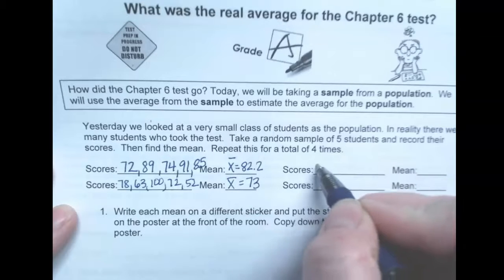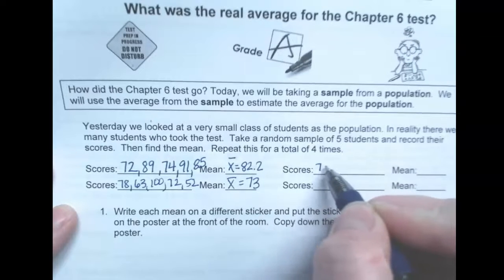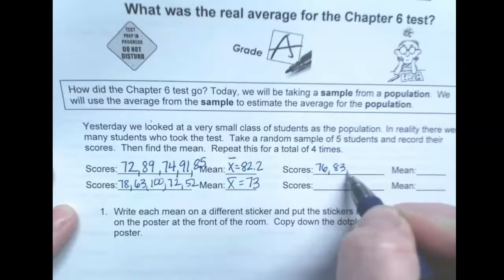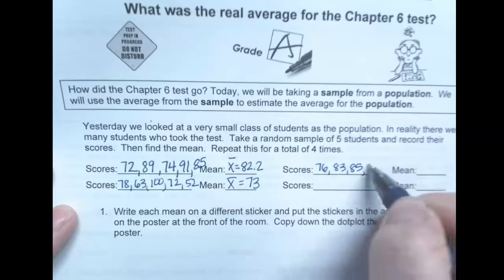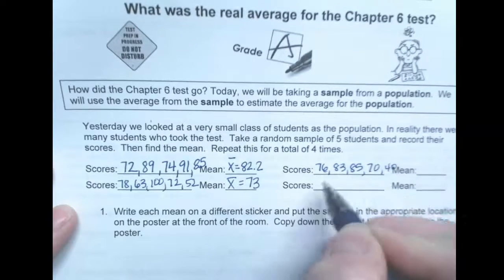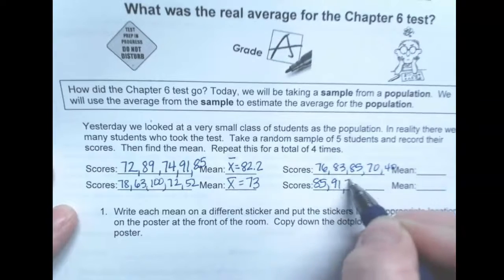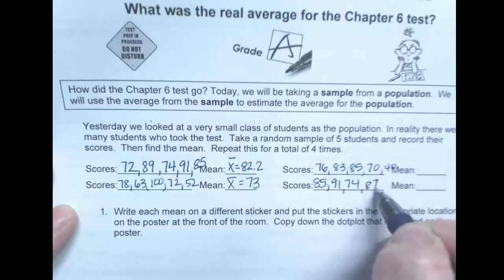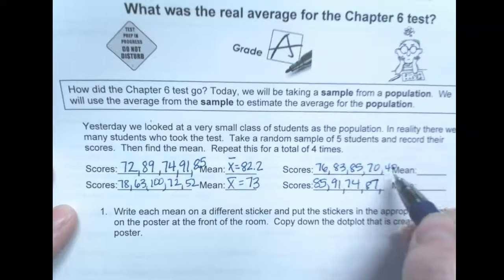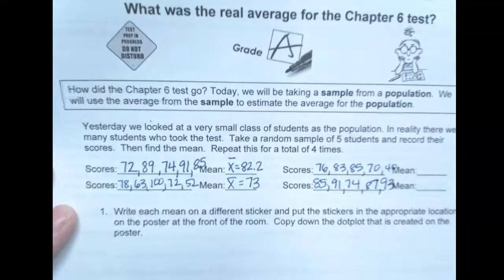I want you to go ahead and calculate the means for them and come back. So 76, 83, 85, 70, and 40. And then 85, 91, 74, 87, and 93. So go ahead and calculate those and come on back.